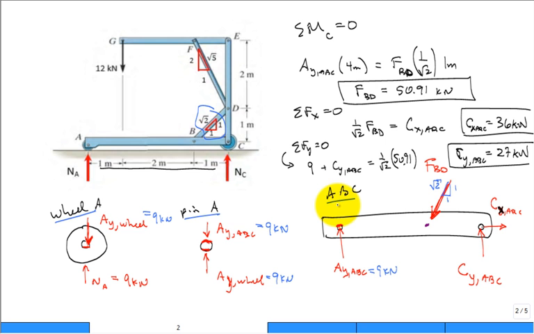Okay, let's review again. This is sort of long subscript notation. What does it mean to have CY, comma, ABC? That's exactly it. The subscript ABC means I'm focusing on this member ABC.